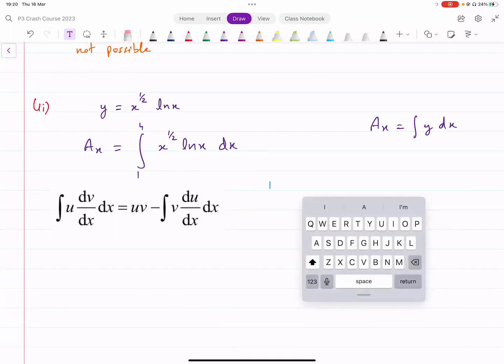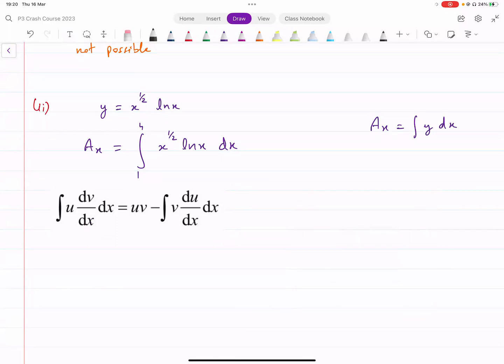Okay, the first thing that we need to decide here is what do we take as u and what do we take as dv over dx? We use I-late for this. Which two functions do we have here? We have an algebraic function, that's here, and the other function is a log function, and that is here. Whatever comes on the left side, remember, that is u. Whatever comes on the right side, that is dv over dx.